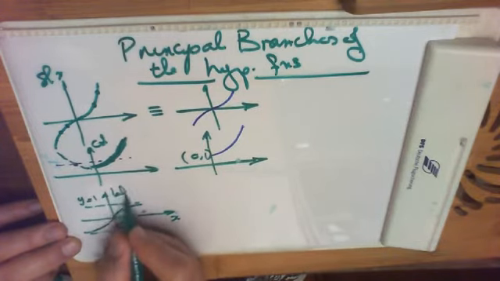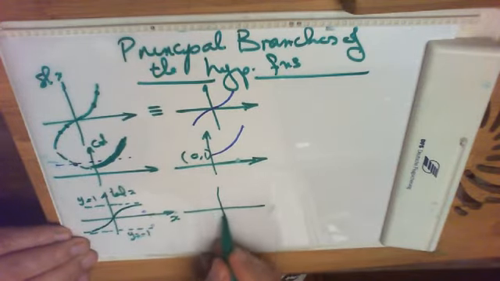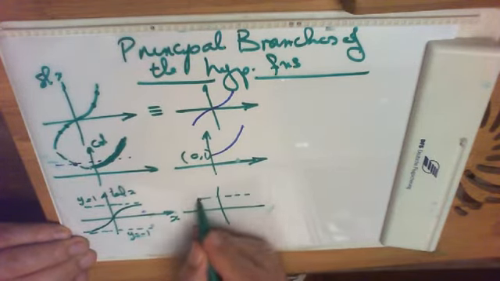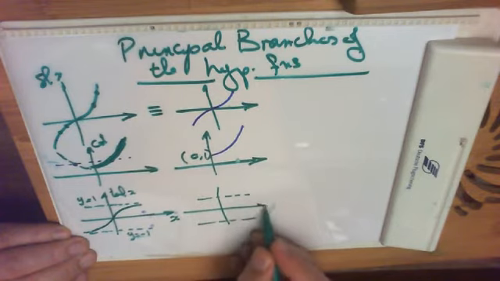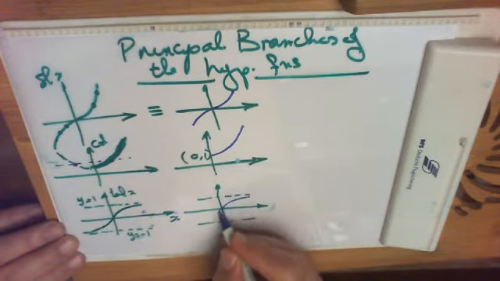Any horizontal line will intersect with the curve in one and only one point, so the whole curve is still the principal branch.